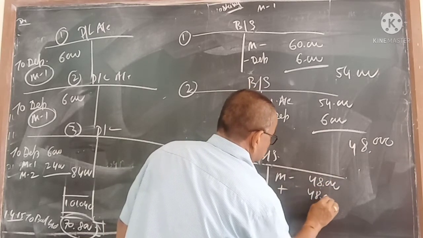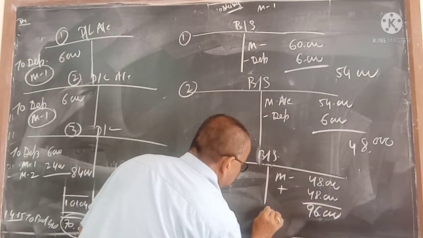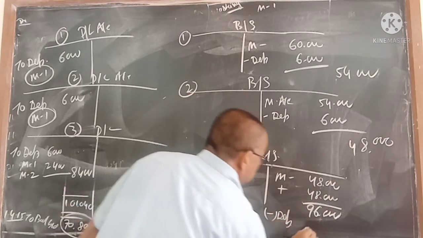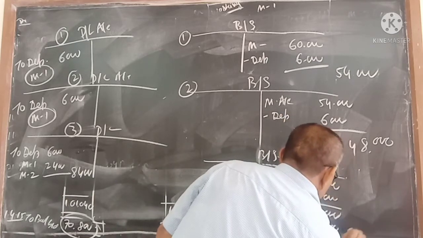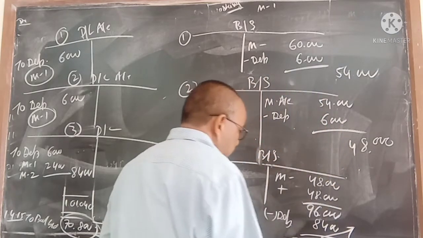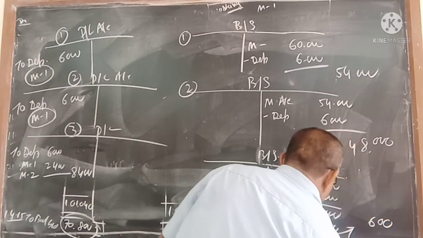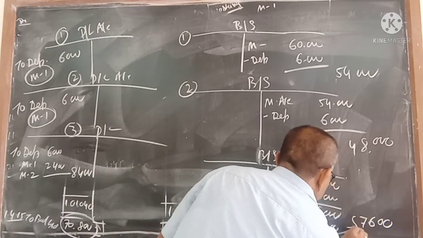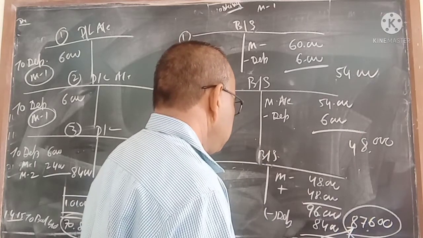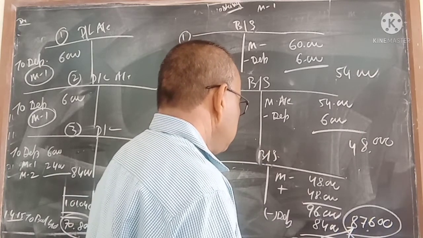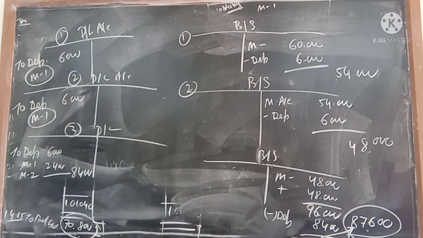The second machine came, 96, and how much depreciation was charged, 8,400. So how much do you get, 8,400 will be done. 87,600. Let me check it.